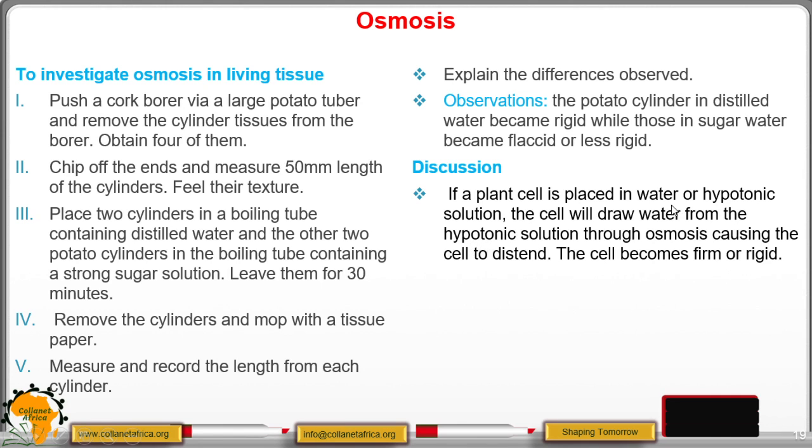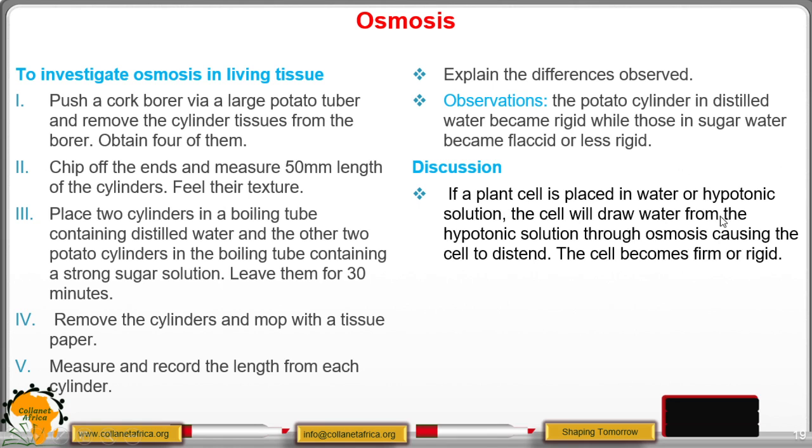A hypotonic solution is a solution composed mainly of water molecules. So it is a lowly concentrated, dilute solution, meaning it contains more water particles than sugar particles.